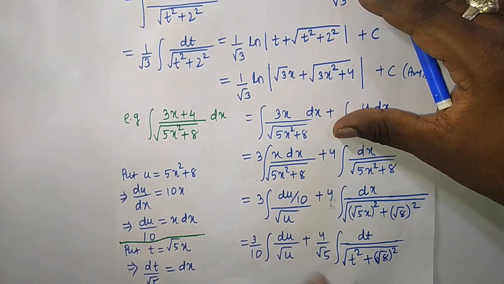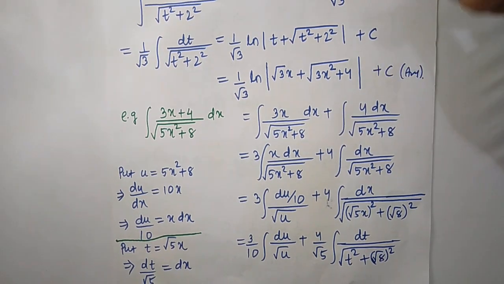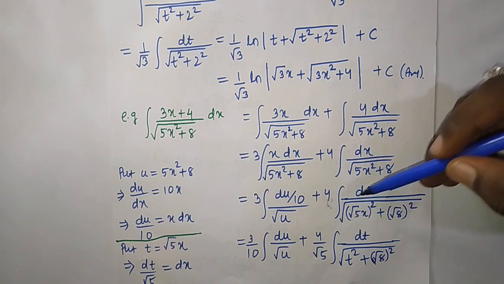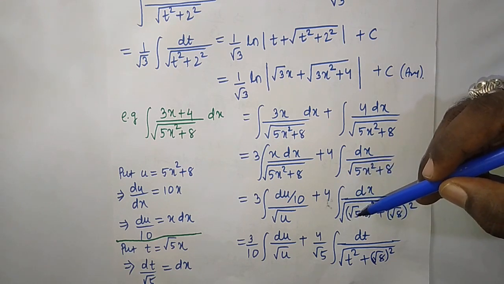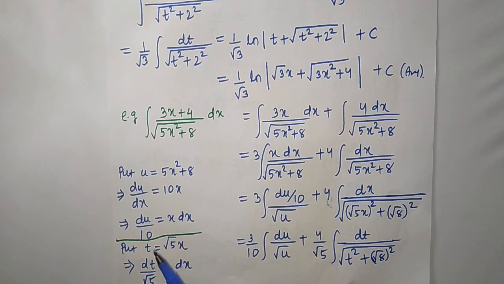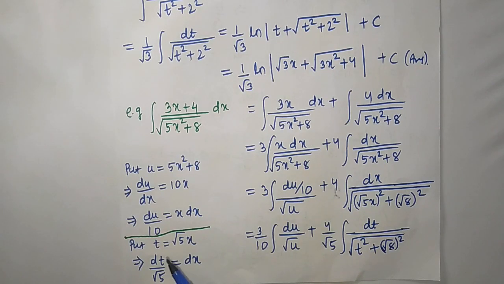Here I have got this, and on the right-hand side you can see I have solved it like the previous example. Here I have taken root 5 whole square in place of 5x square, and I have taken t as root 5x and found its derivative.